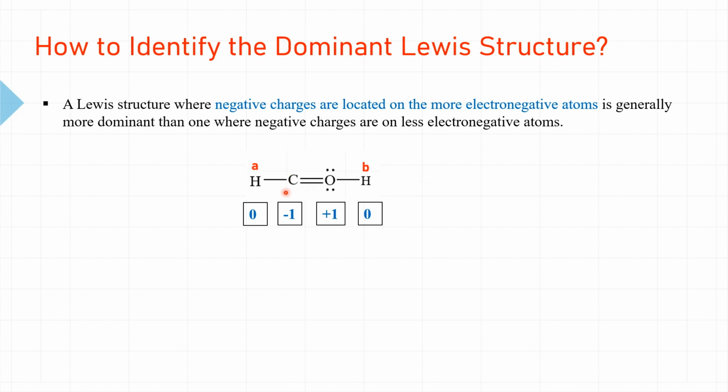If you compare carbon and oxygen, carbon is less electronegative, oxygen is more electronegative. So the more electronegative atom here has a positive charge and the less electronegative atom has a negative charge. This is not favored because the more electronegative oxygen should have negative character rather than carbon.